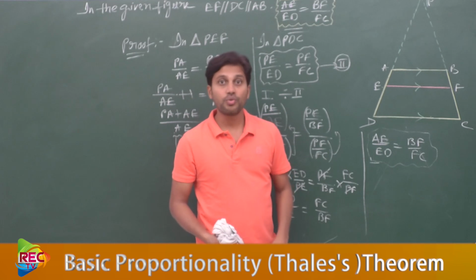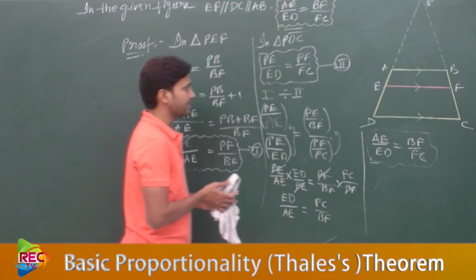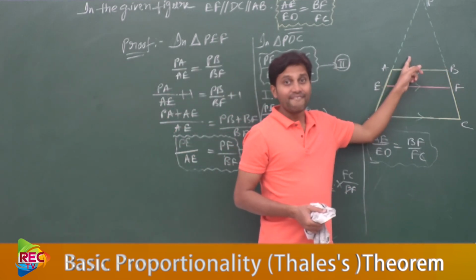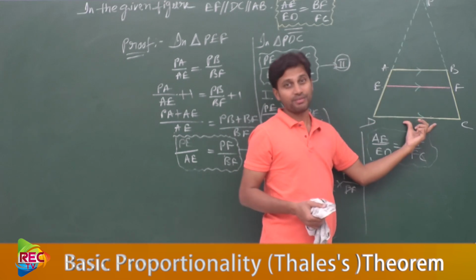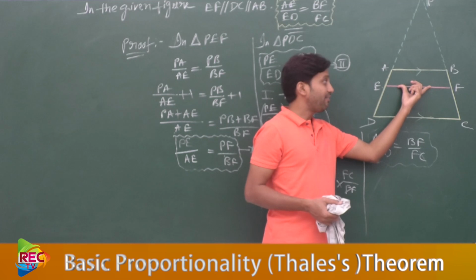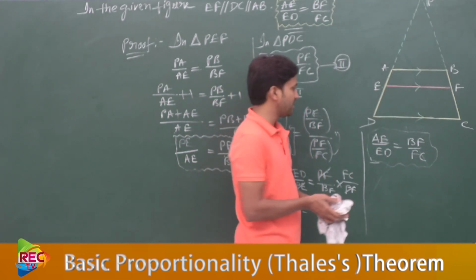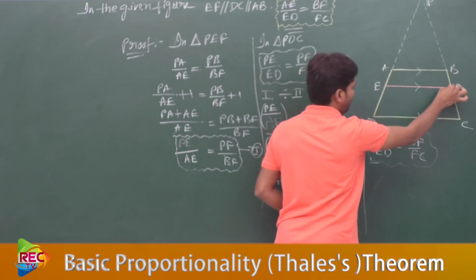Understand? And it's also one of the important properties for a trapezium. See, whenever ABCD is a trapezium given, when you draw a line parallel to the parallel sides of the trapezium, that will divide the non-parallel sides in equal ratio. Is that right or not? See here, AE by ED equal to BF by FC.